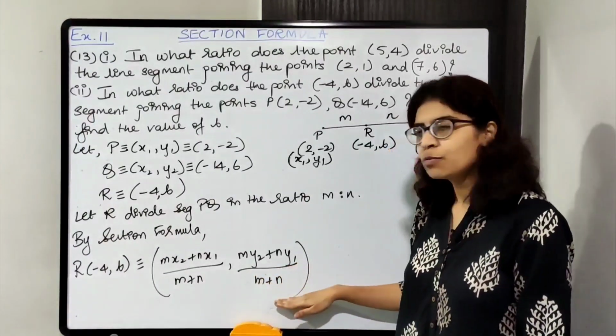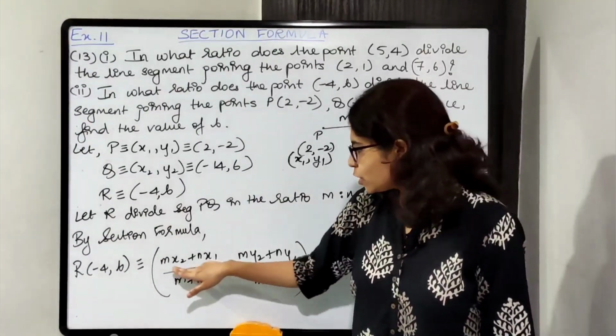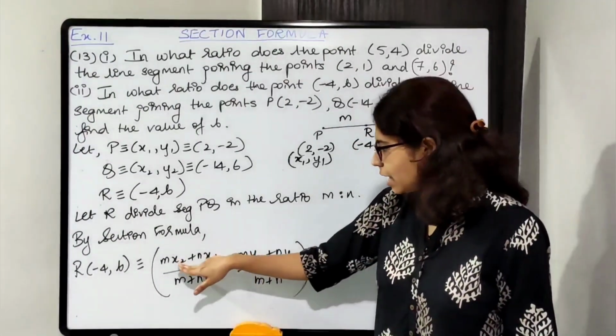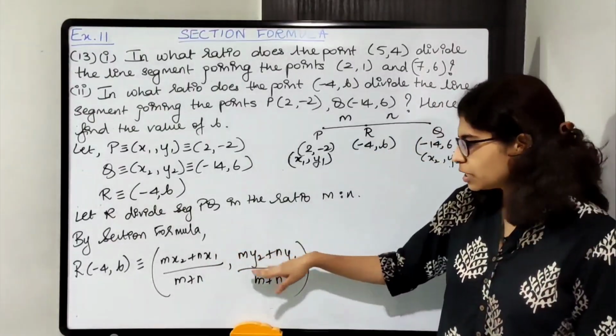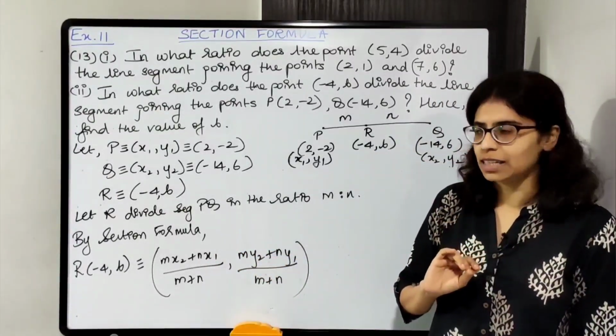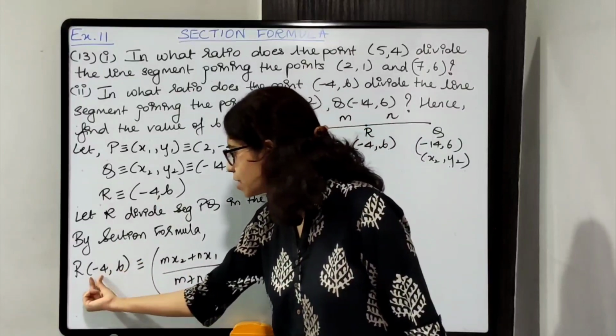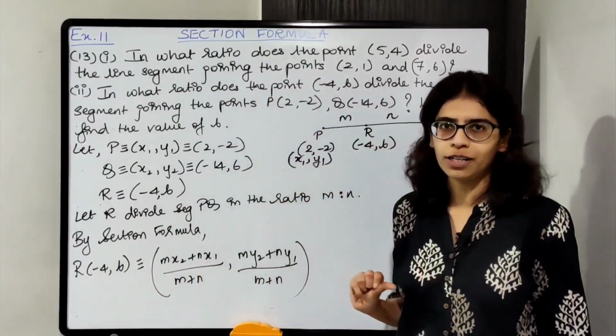So write down the formula. Now first we'll solve this. x1 x2 का वैल्यू सब्सटीट्यूट करते हैं, y1 y2 का वैल्यू सब्सटीट्यूट करते हैं and then we'll equate this x coordinate and y coordinate.